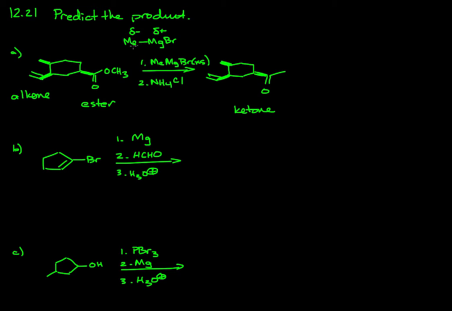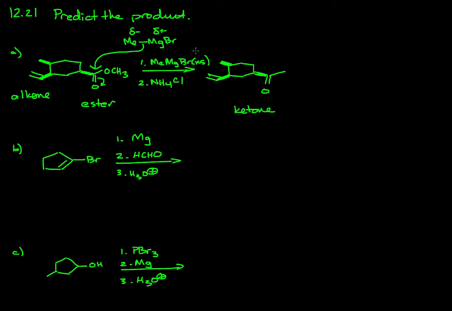Since carbon owns these electrons, it's going to attack the ester. We know carbon can only have 4 bonds, so we're going to break the pi bond of the CO carbonyl group. That's going to form a tetrahedral intermediate that will collapse and eject out methoxide. Ultimately, we get the ketone.